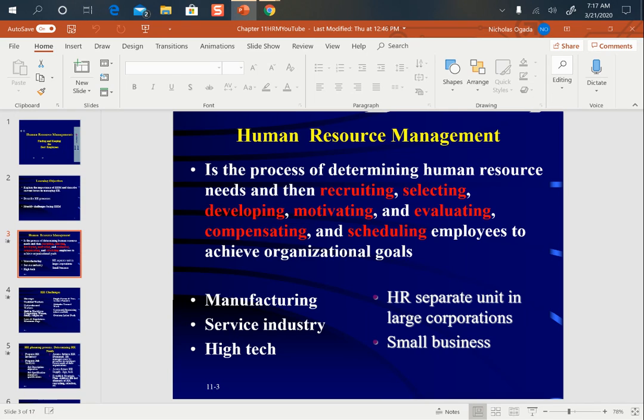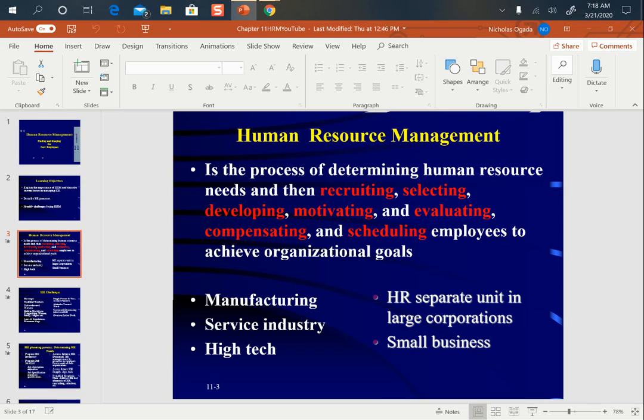Now, human resource management as a discipline has evolved over time. For example, some time back, the US was more into manufacturing, so the economy was manufacturing based, but now we have moved to service and high tech. Because of the changes in the nature of the economy, it also brings necessary changes in terms of human resource management.